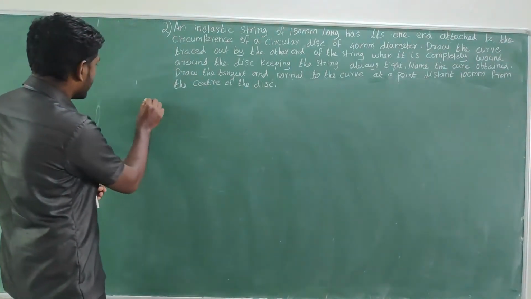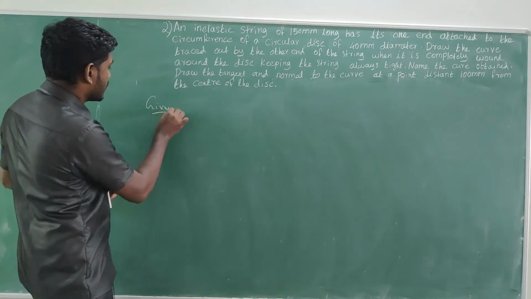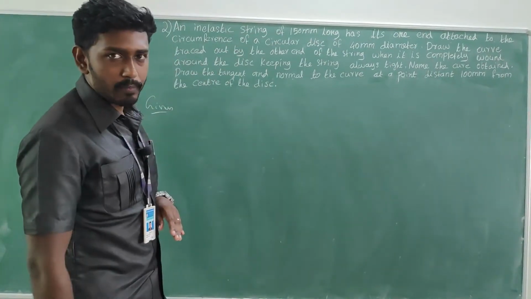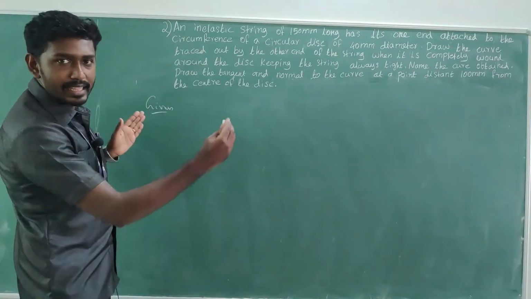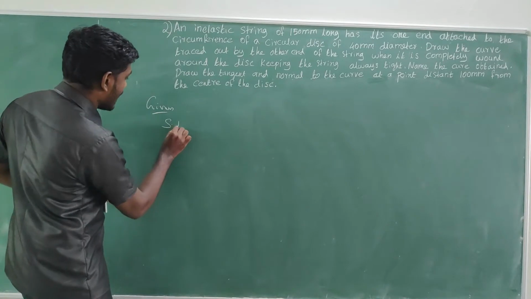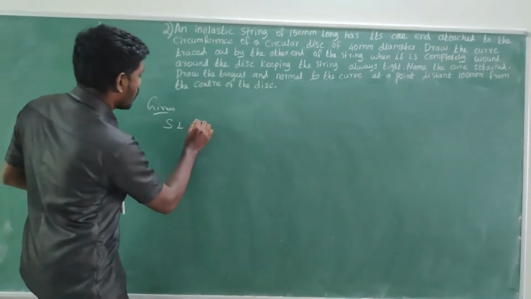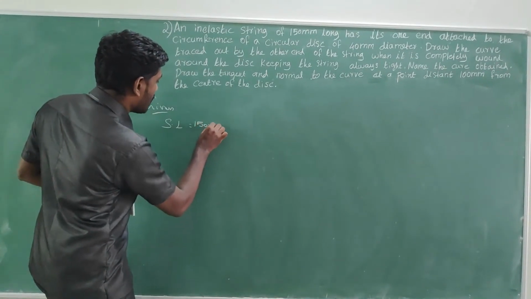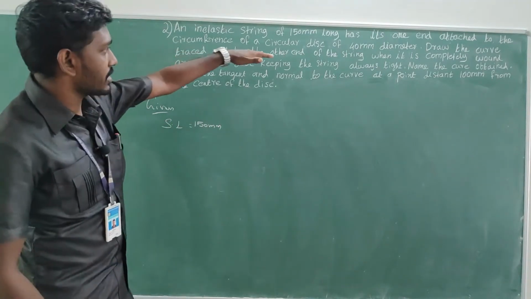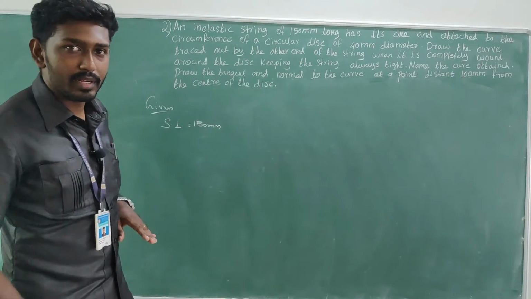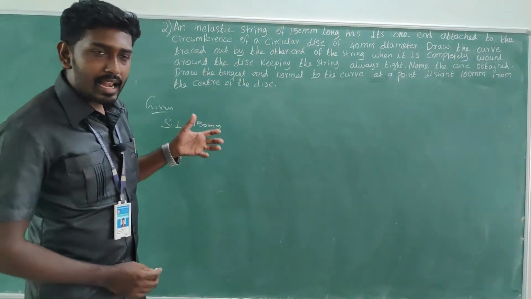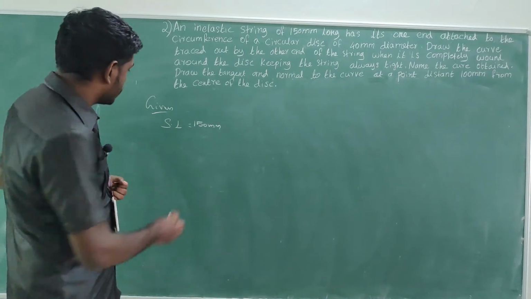Now take the given data. A string of 150 mm long, so they are talking about the string length. String length SL is given as 150 mm. One end is attached to the circumference of a circular disc of 40 mm diameter.